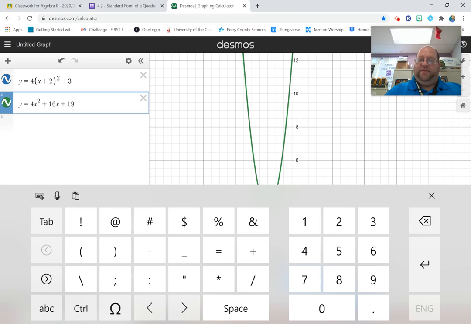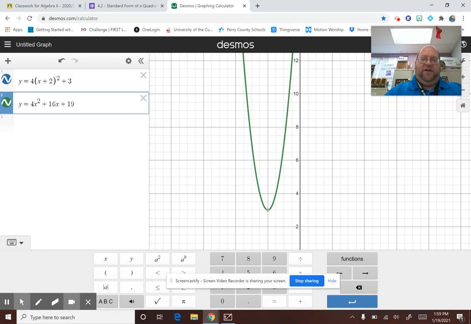And notice what happened. It absolutely covered up that other graph, okay? Which means that these two things right here are actually equivalent statements, okay? So we did our work right.